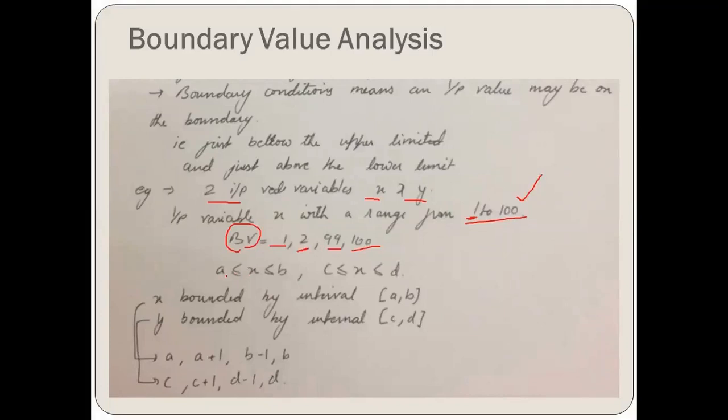So x is going to fall between A and B, and y is going to fall between C and D. So x is bounded by interval A and B, and y is bounded by interval C and D. For x bounded by A and B, I'm going to check the input conditions A plus 1, B minus 1, and B. And for C and D, I am going to check C plus 1, D minus 1, D.